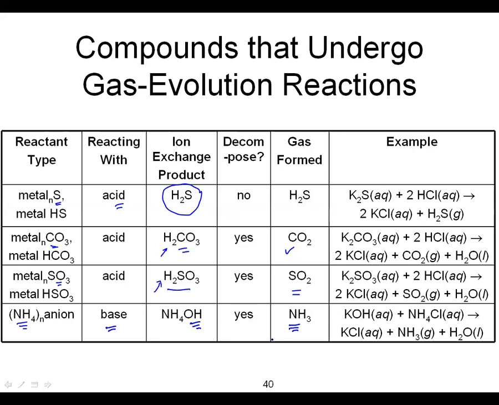So this is a summary table that helps you decide, in this double displacement reaction, although a lot of times what you get on the product side is a solid and perhaps water or a liquid, in certain situations you can generate neither of those, but generate a gas instead.